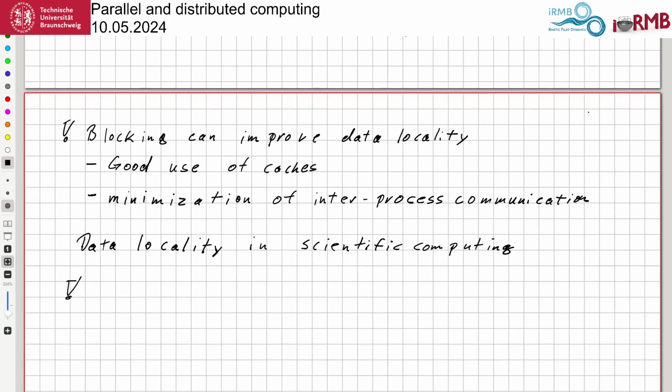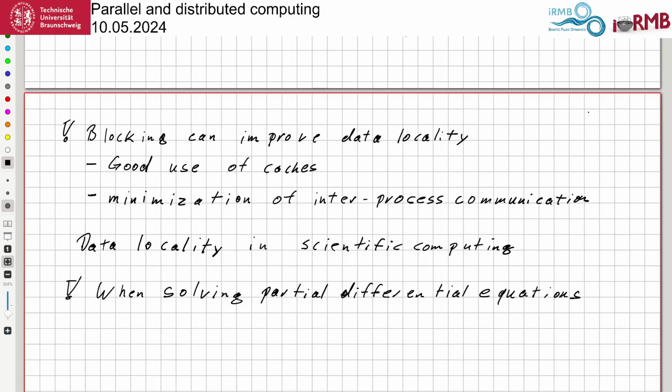What scientific computing often does is solving partial differential equations. All these finite elements, control volume, finite difference methods, all they do is solve some sort of partial differential equations.